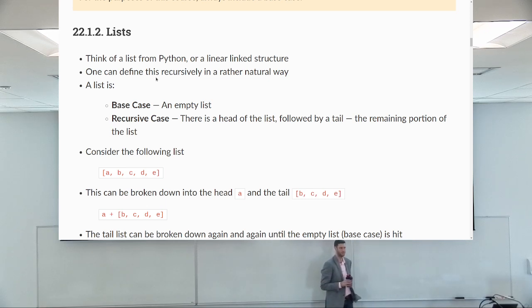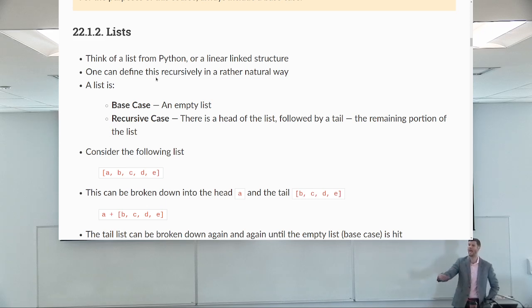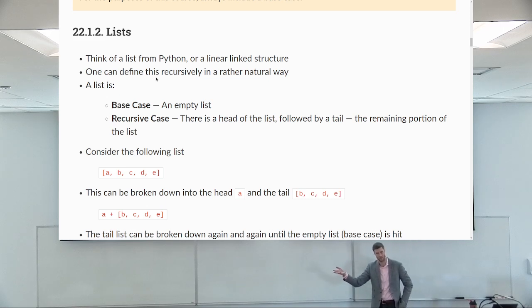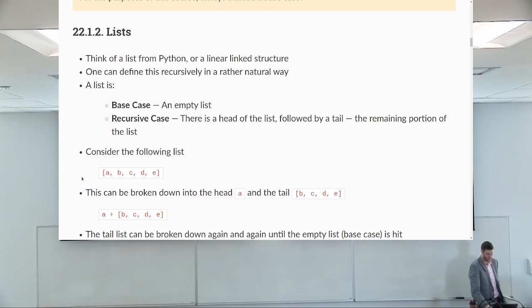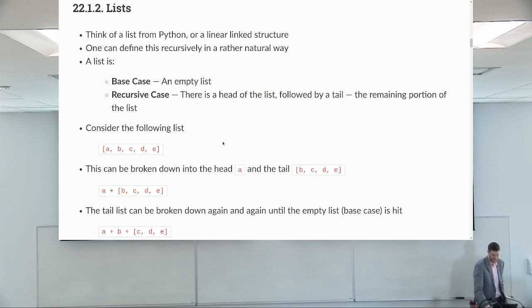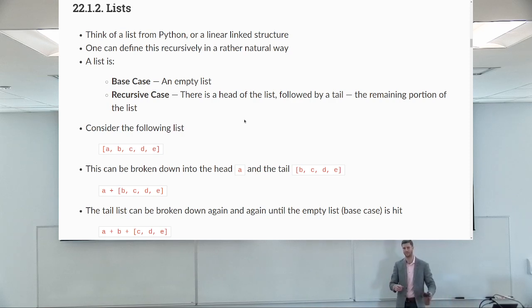All right? The recursive case is there is a head of a list followed by the tail of the list, where the tail is just the remaining portion of a list. So, if I give you this list right here, A, B, C, D, E, there's a list. And the question then gets posed, is that a list? I know I just said it was, but here's something.